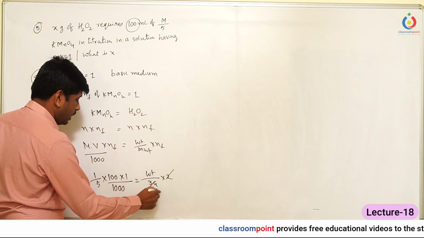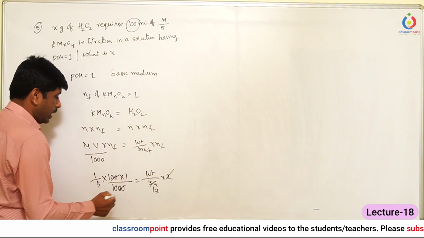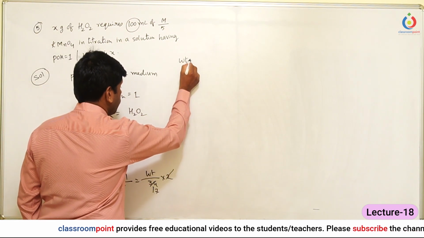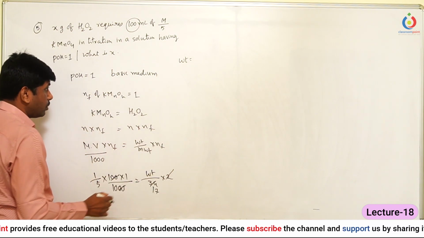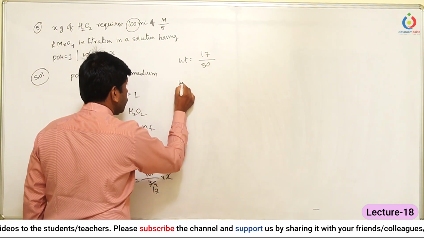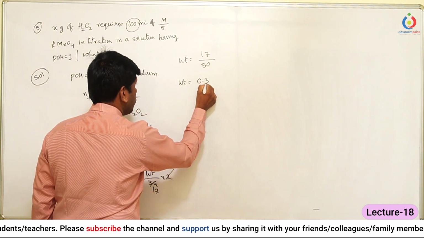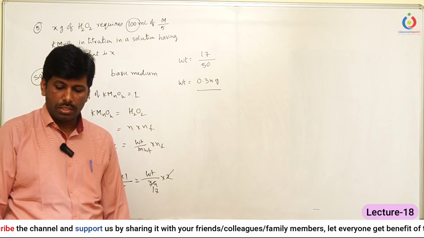So it goes 17 times and here there is a cancellation. Weight of H2O2 equals, do the cross multiplication, bring the 17 here, so 17 by 50. So weight equals 0.34 grams. So this is the answer.